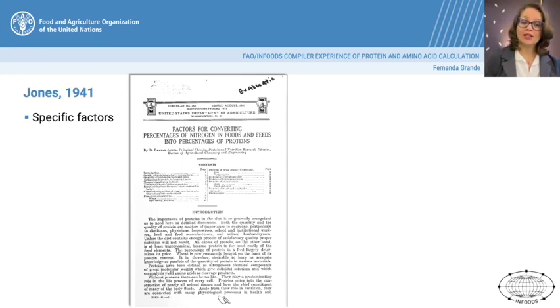So he evaluated the nitrogen content in proteins for some foods to try to propose conversion factors that could result in better protein values than those calculated by the use of the general factor of 6.25, which was used until that moment.